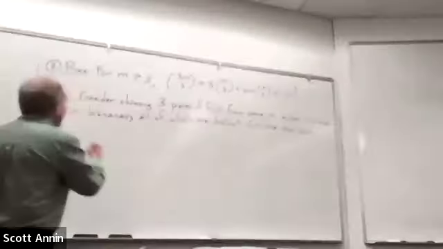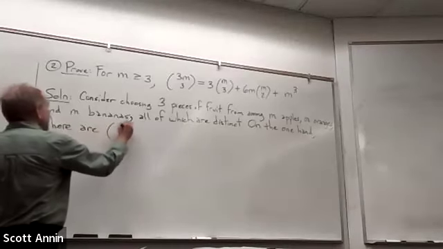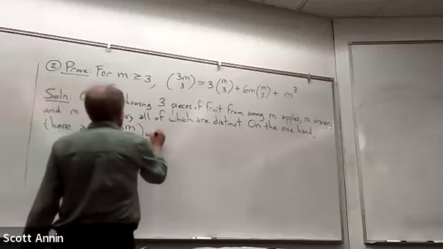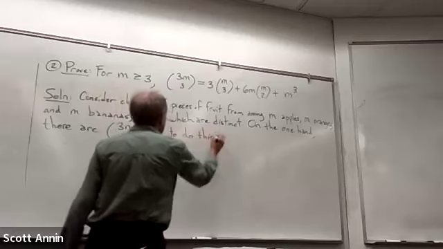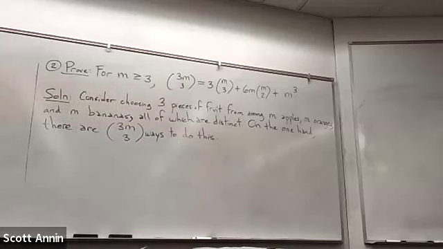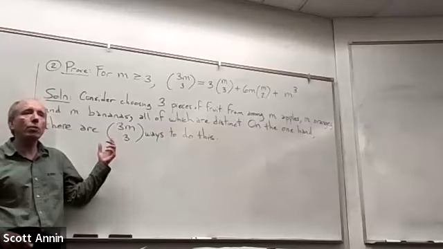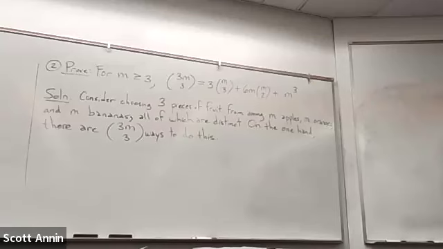So on the one hand, there are 3M choose 3 ways to do this. We're choosing 3 pieces of fruit from among 3M distinct pieces of fruit. It would have been the same answer as if I had literally had only one of 3M different types of fruits.